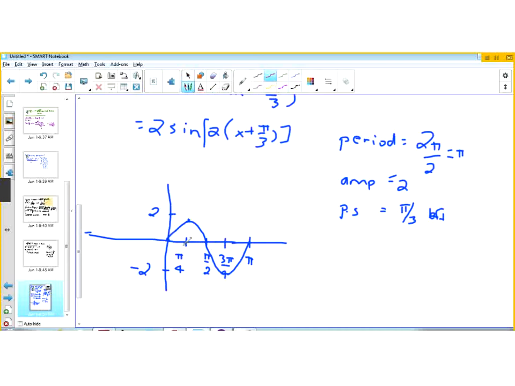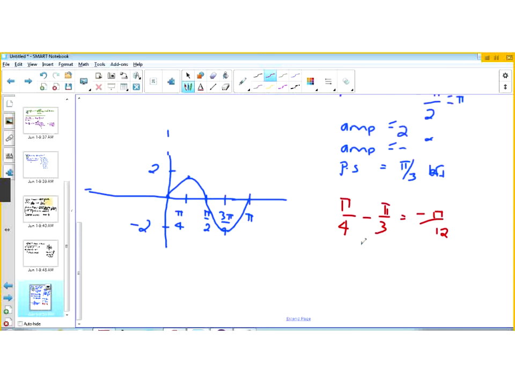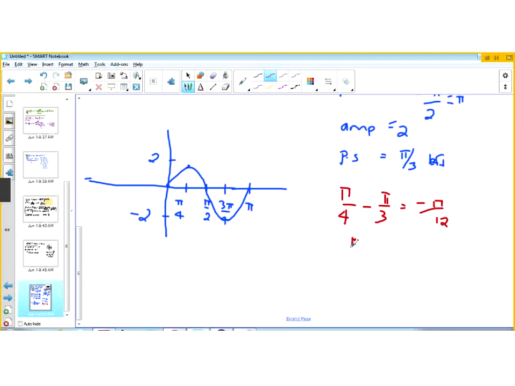Okay, so this is pi fourths. What is pi fourths minus pi thirds? That's 3/12 minus 4/12, which is negative pi over 12. What is pi halves minus pi thirds?